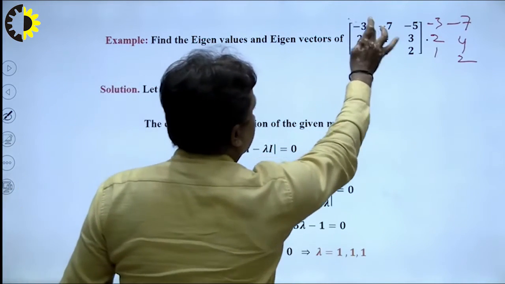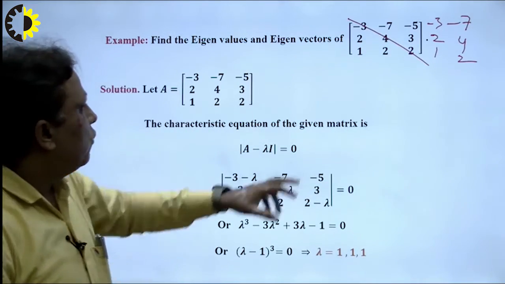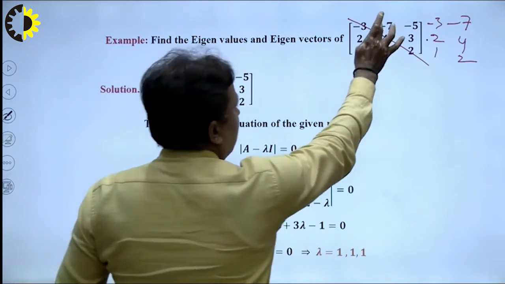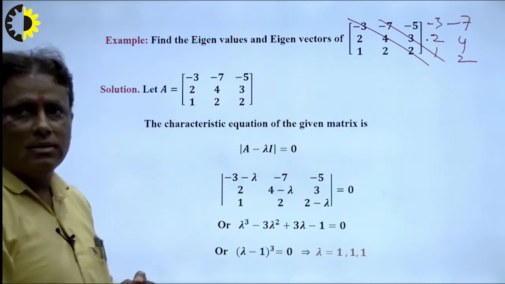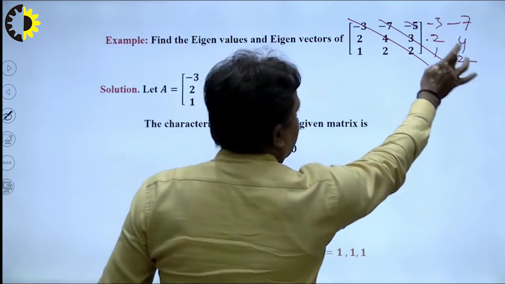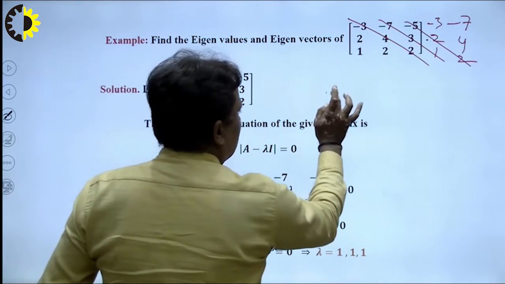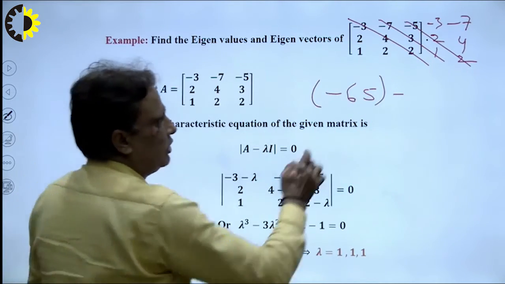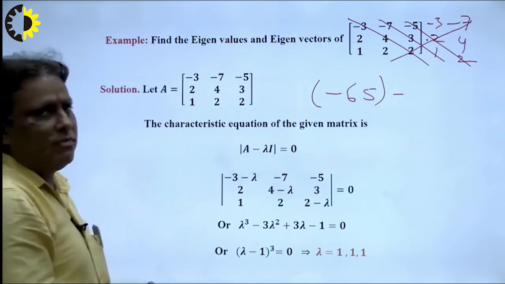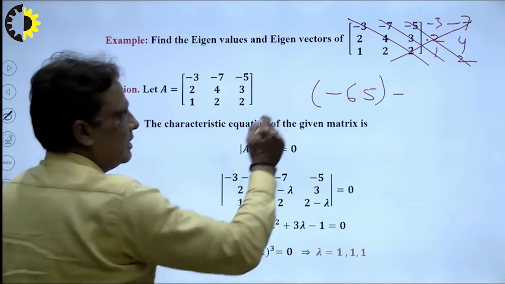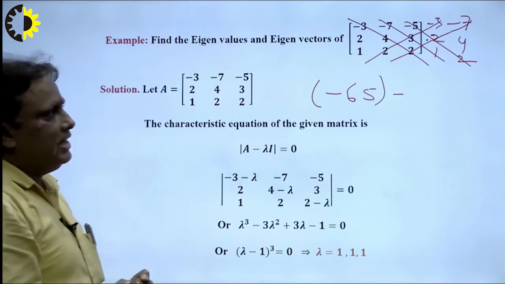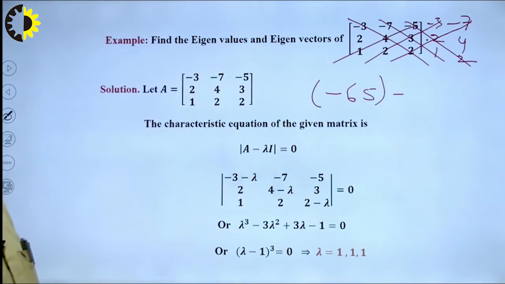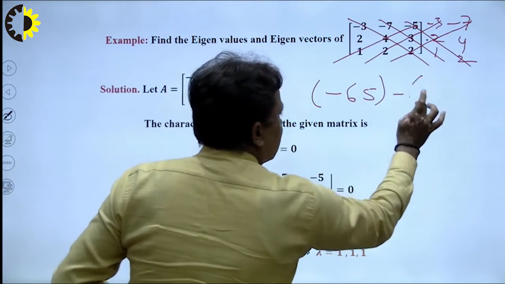First I cross-multiply this. 4 times 3 is 12, times 2 is 24, so minus 24, students remember it, and 7 times 3 is 21, 5 times 2 is 10, 10 times 2 is 20, and this equals minus 65. Now 7 times 2 is 14, 14 times 2 is 28, minus 3 times 3 is 9, 9 times 2 is 18, and 5 times 4 is 20, so this will be minus 66.